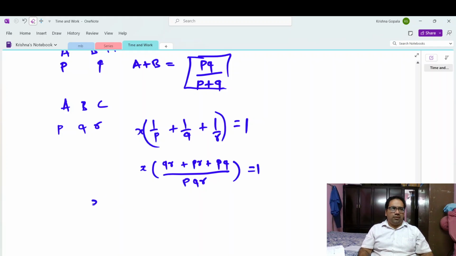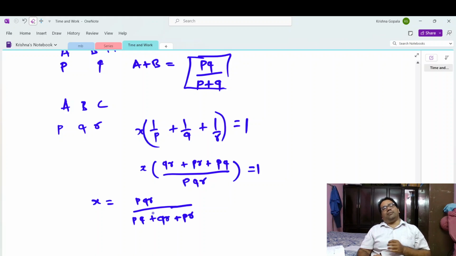That means X is equal to PQR by (PQ plus QR plus PR). Simple. This is the formula. If individually these three take P days, Q days, R days, P, Q, R could be anything.